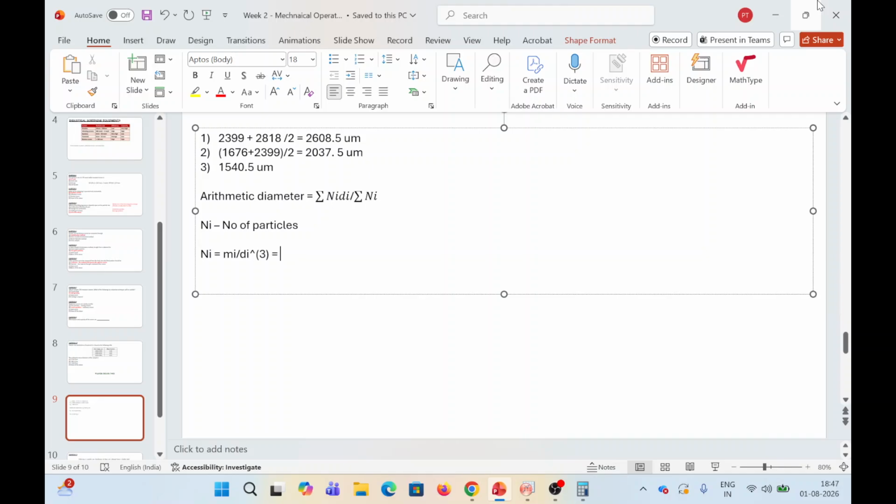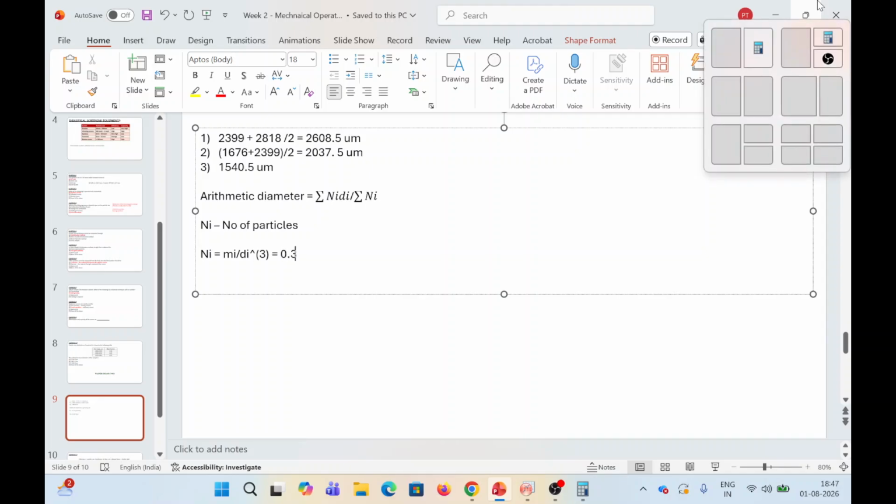So if I do that, Mi is 0.3 by Di cube, that is 2608.5 micrometers, the whole cube. Let it be in micrometer cube itself.